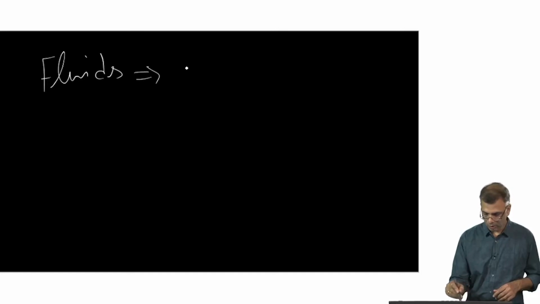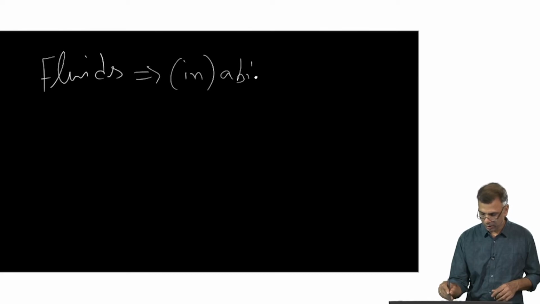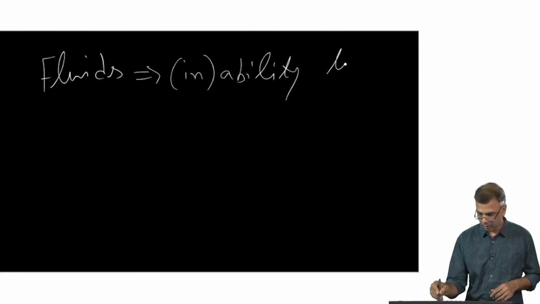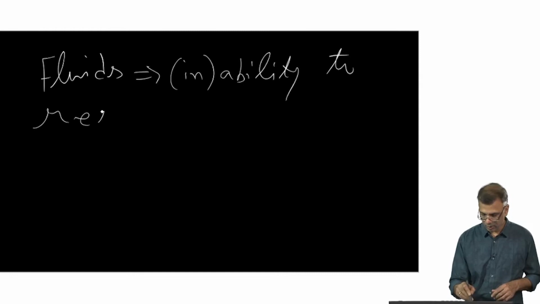Haven't you ever wondered how a solid is fundamentally different from a fluid? The answer is the most simple-minded answer, and there are lots of complications to this, but it's important to stick to the most simple-minded answer. And the answer there is the inability of a fluid to resist shear.